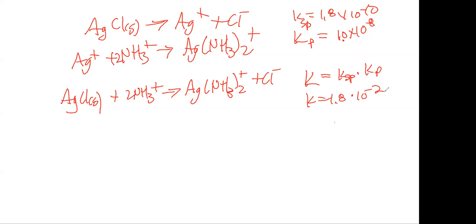So our K expression looks like 1.8 times 10 to the minus 2 is equal to our chlorine, our silver NH3, all divided by, or sorry, our NH3 squared.